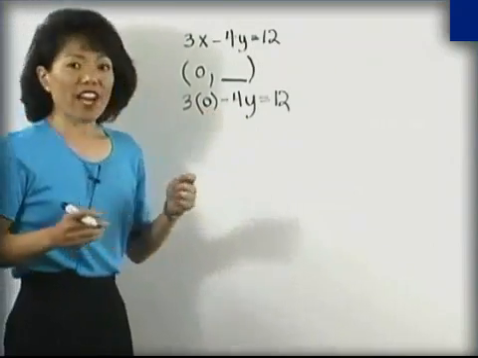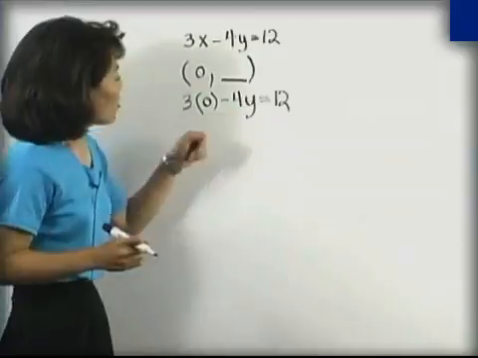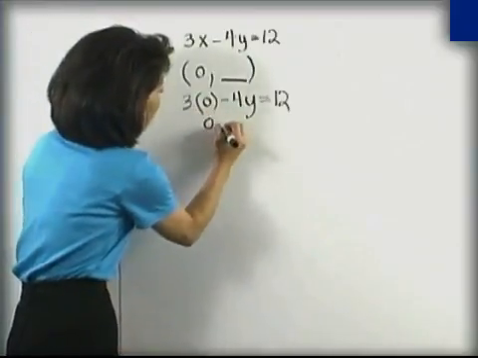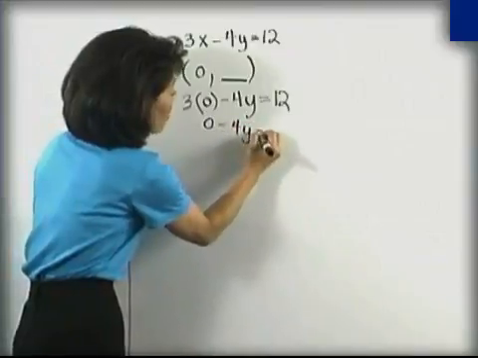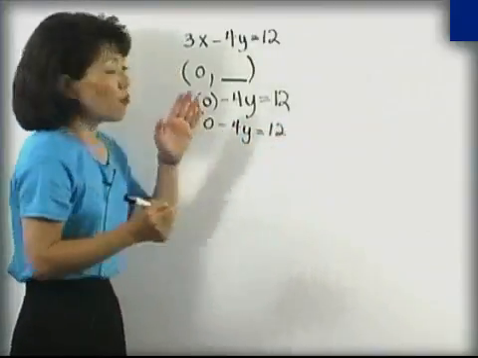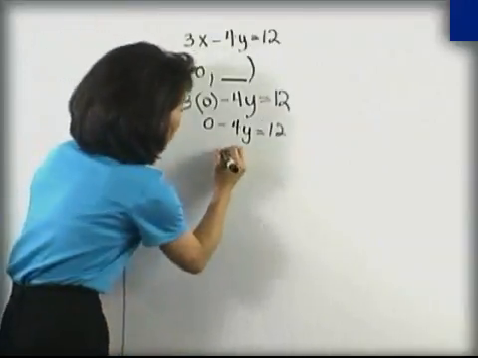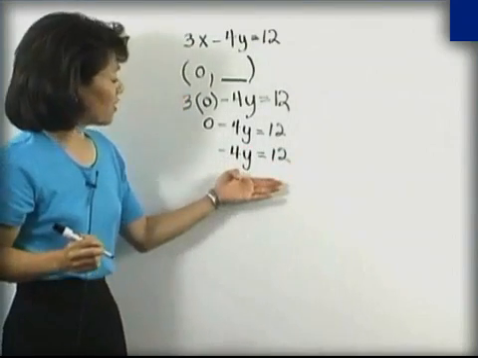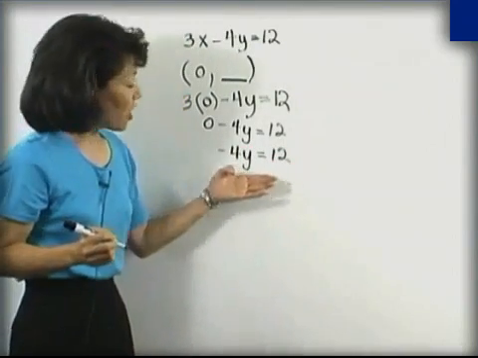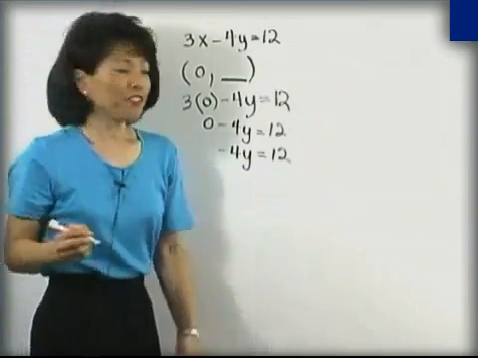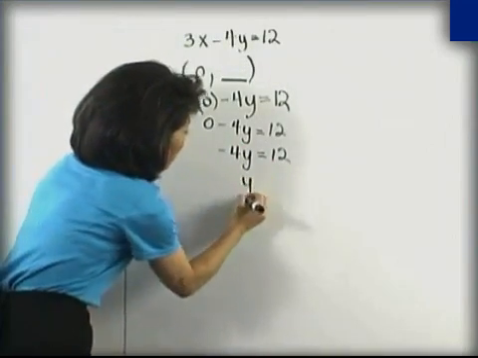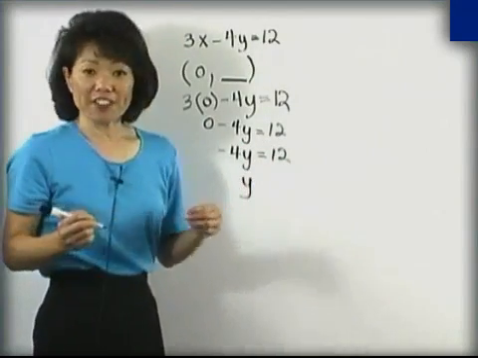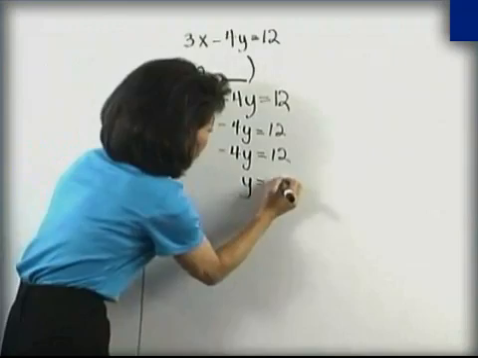The rest is just the algebra you should be good at by now. 3 times 0 is 0, minus 4y is equal to 12. 0 minus 4y is simply negative 4y, which equals 12. To solve for y, we divide both sides by negative 4. On the left-hand side, negative 4 divided by negative 4 is 1, and 12 divided by negative 4 is negative 3.